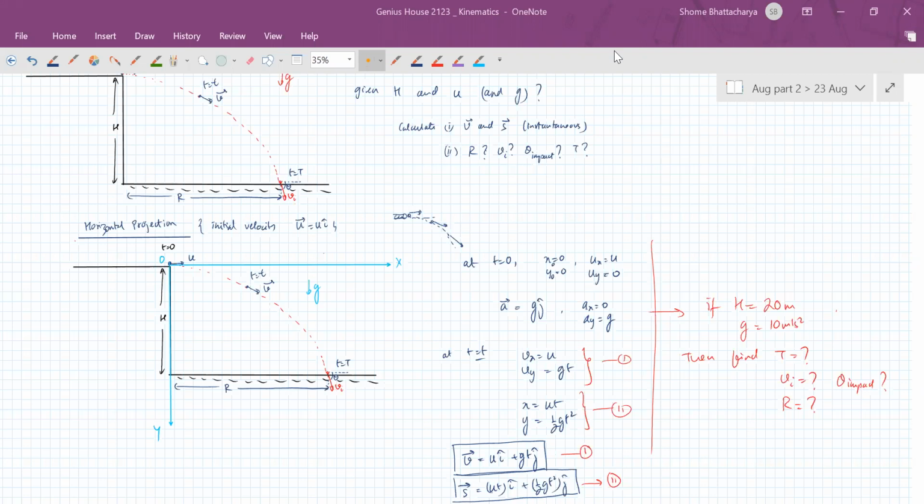Somebody had a question. So what is the initial speed? Initial speed is, oh, right. That also has to be given. Yeah. So initial speed is, let us say, 15 meters per second.